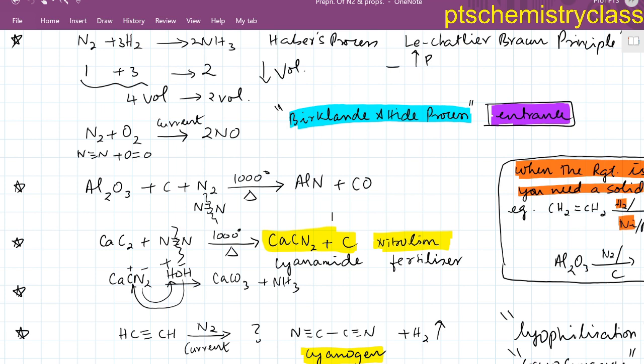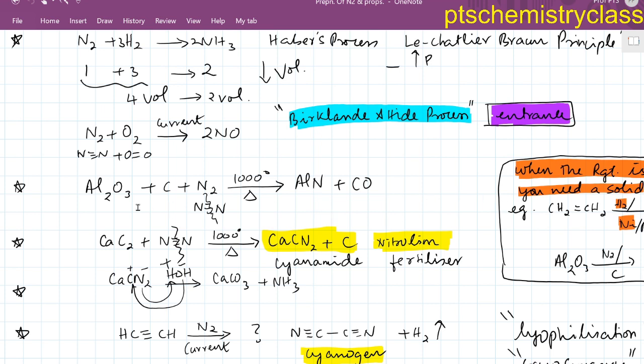For example, take the hydrogenation of ethene, studied in 10th standard. When you add hydrogen, you add nickel or platinum or palladium as a catalyst. Hydrogen gets adsorbed onto the surface of the catalyst, and when you add ethene to that, the reaction is facilitated. So that basic point you have to remember.